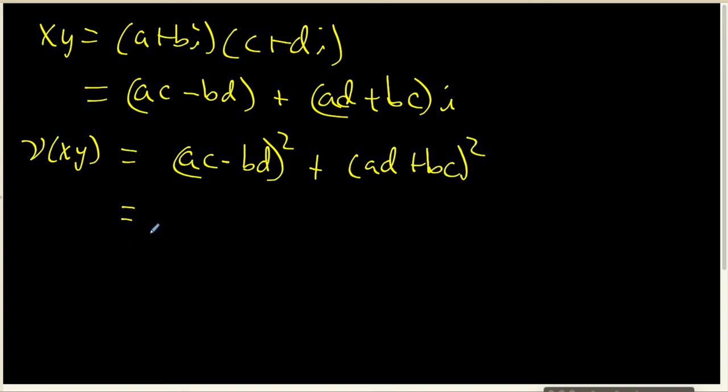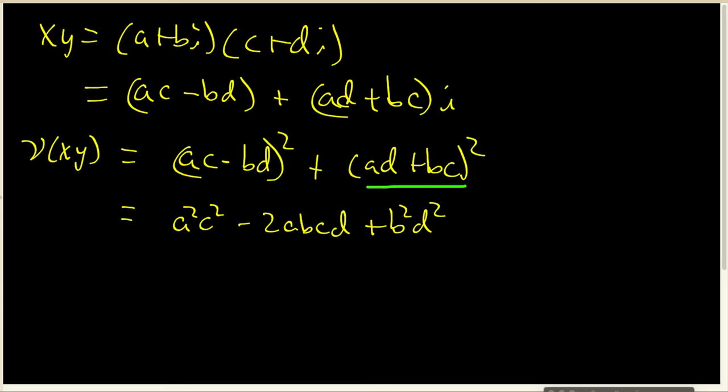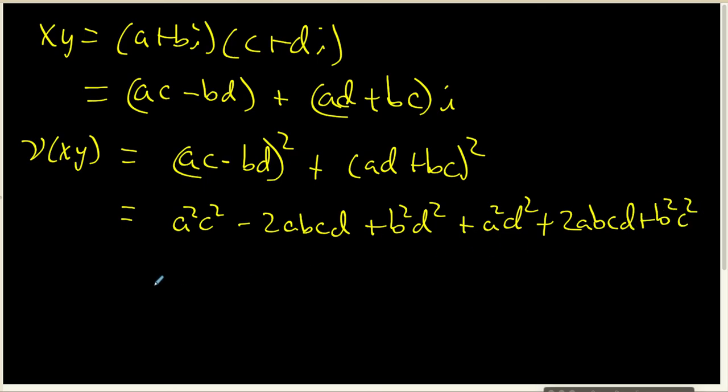And when we square this out, we're going to get a squared c squared minus 2abcd plus b squared d squared. And then when we square this term, we're going to get plus a squared d squared plus 2abcd plus b squared c squared.